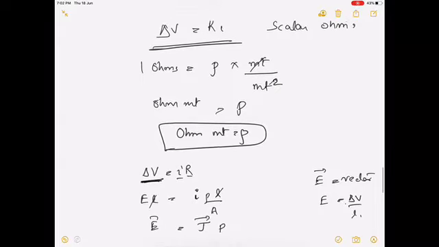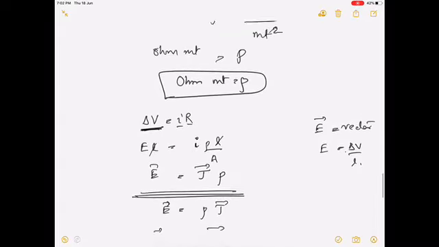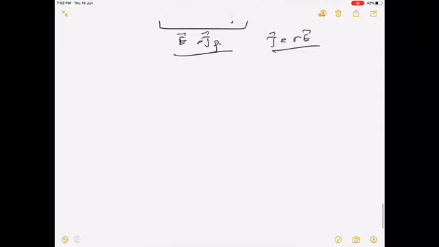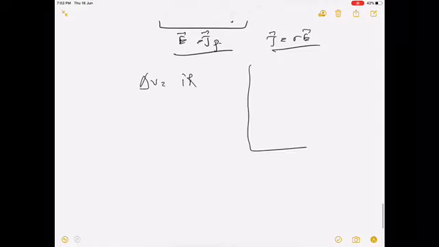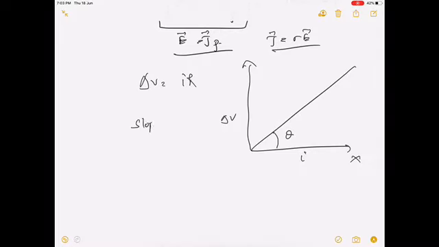These are two vector forms of Ohm's law, and one already in scalar form we have studied, delta V is equal to IR. So one more thing, delta V is equal to IR represents in the form of graphical representation, it will be a straight line. Okay, if we plot graph between delta V and I, you will get a straight line, and slope of this line, what will be the slope?